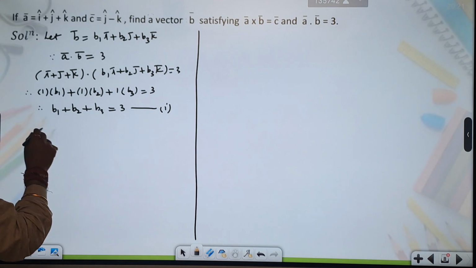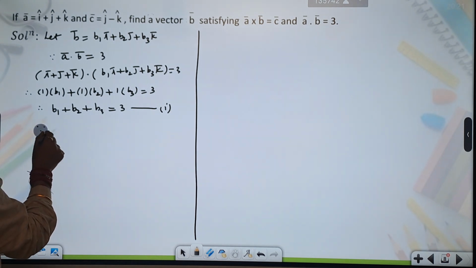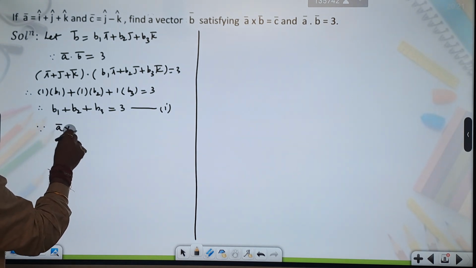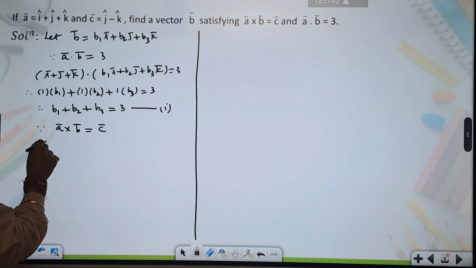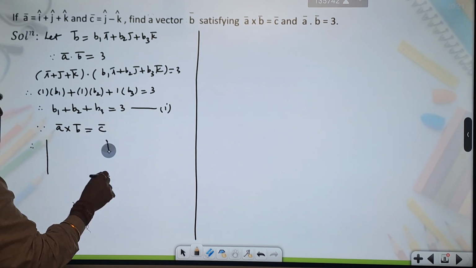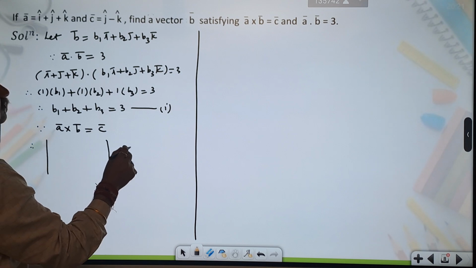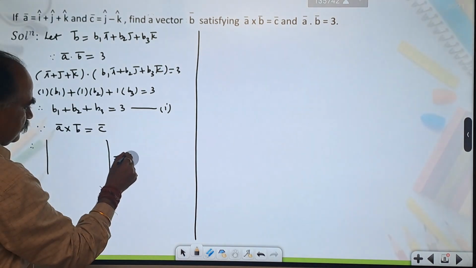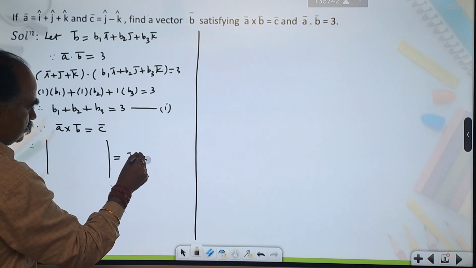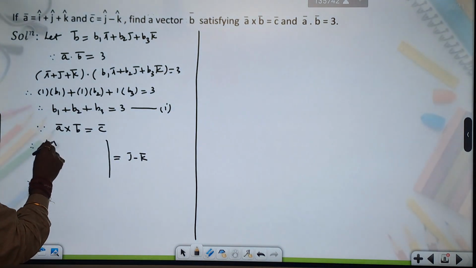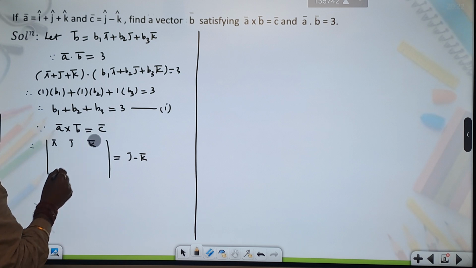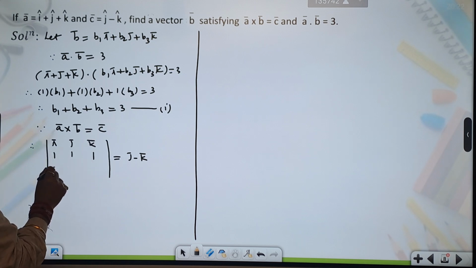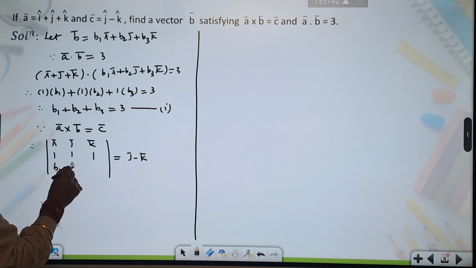Now second condition, since a cross b is c bar, which is j minus k. So the determinant with rows i bar, j bar, k bar; a bar is 1, 1, 1; b1, b2, b3.